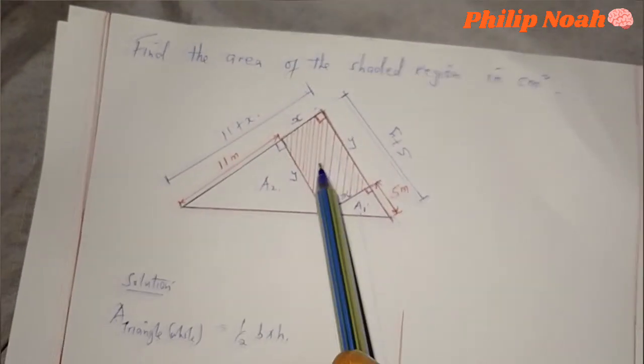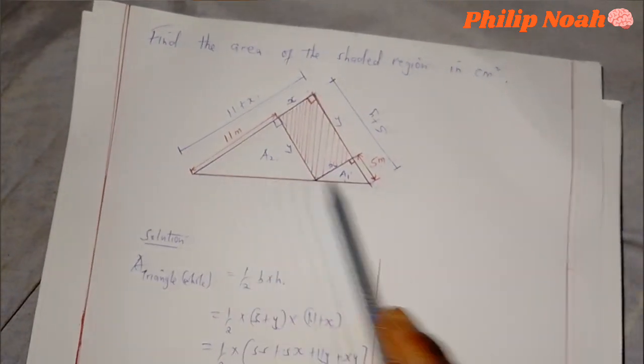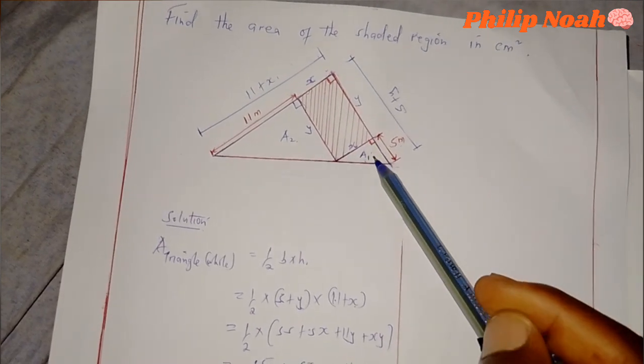So I'm saying that if you want to get the area of this, you just take the area of the whole of this triangle. You subtract the sum of the area 1 and area 2.